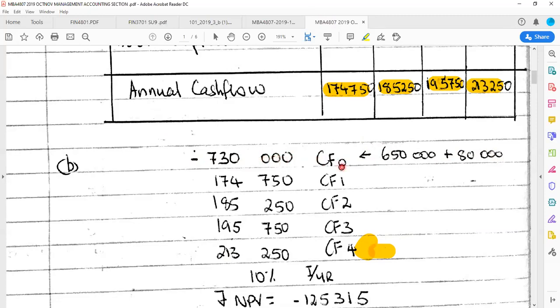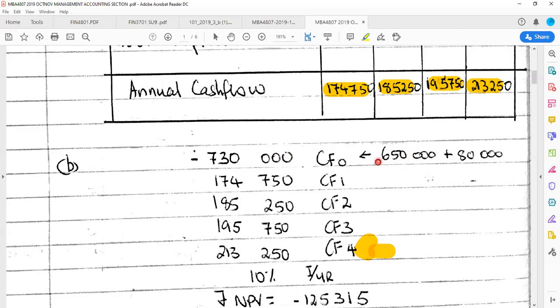So always check for installation costs, always check for change in net working capital, even delivery expenses are also added. The only expenses that you don't add to the initial investment are expenses for things like research and development, things like consultation fees. Those are known as sunk costs.